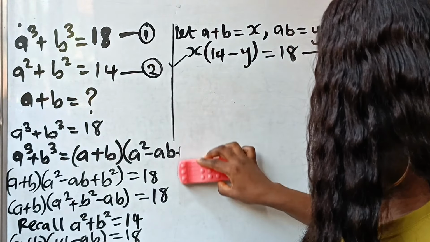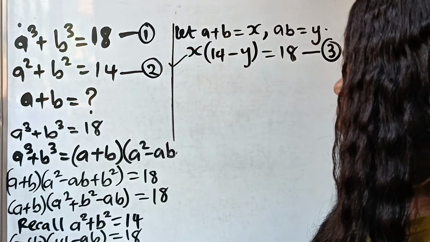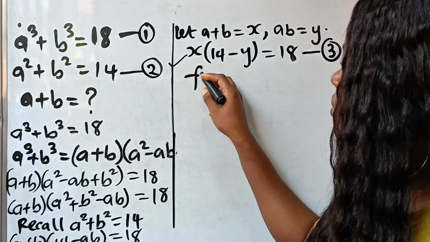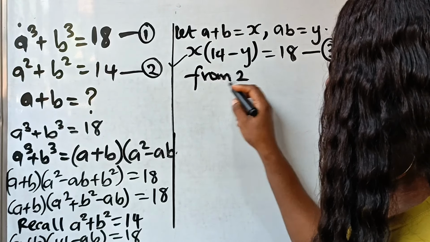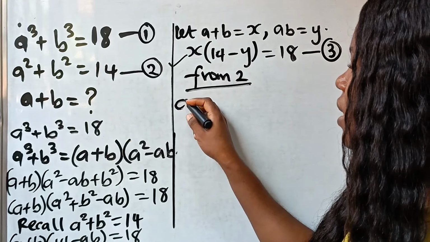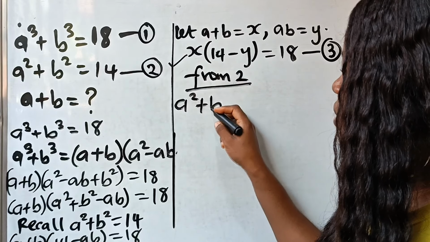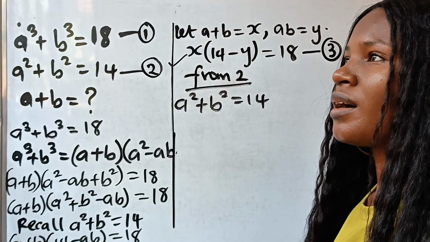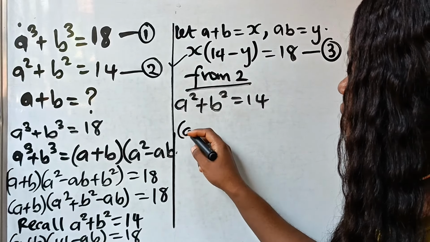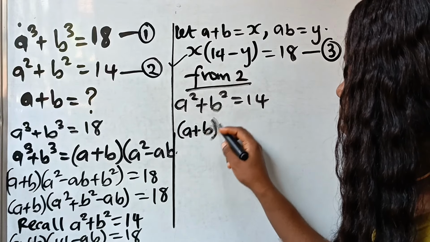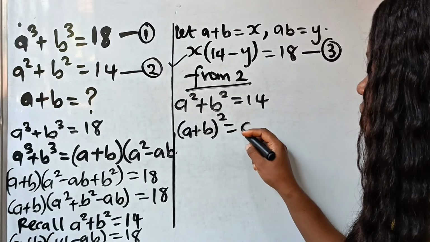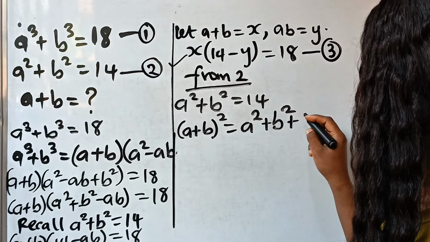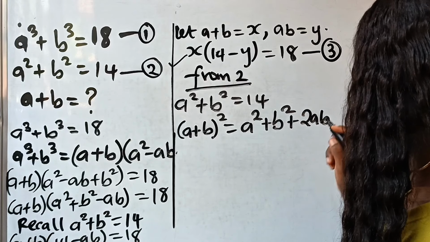Now, at this point, from equation 2, we have that a squared plus b squared is equal to 14. Now remember that a plus b all squared is equal to a squared plus b squared plus 2ab.